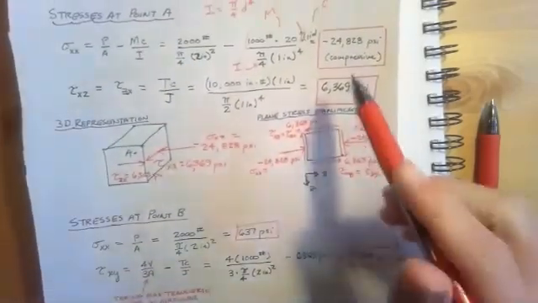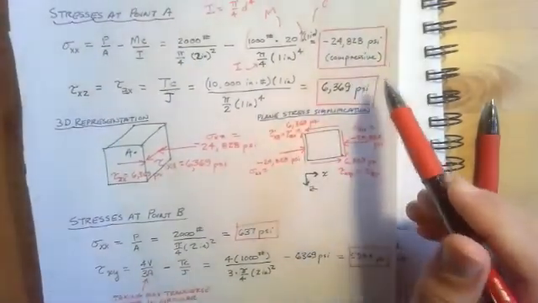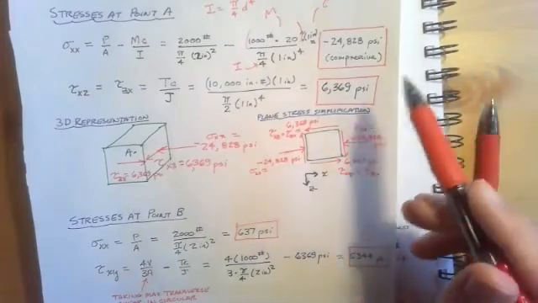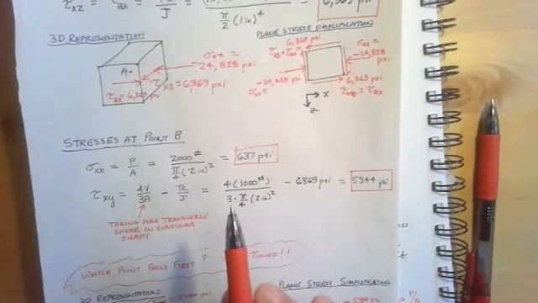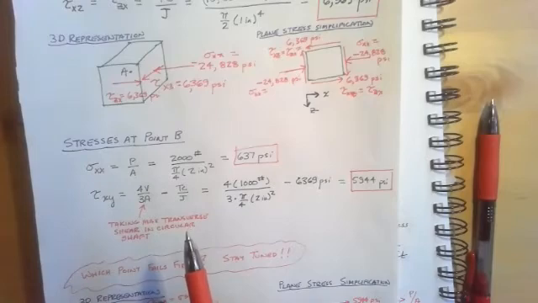Well, which point fails first? Well, we would expect that this would be the point that would fail first because we have numbers that are significantly larger, but we've got two stresses that we're concerned about. And if these were a little bit closer together, we might have some trouble distinguishing which point would fail first.